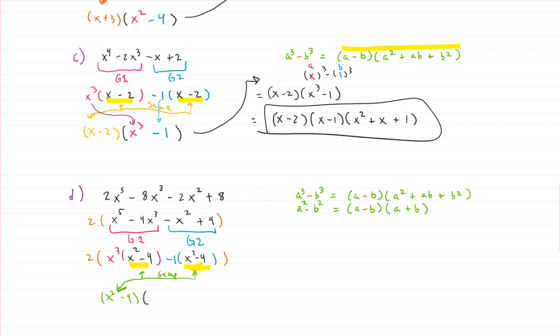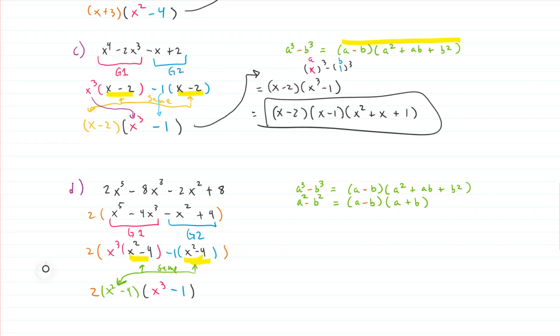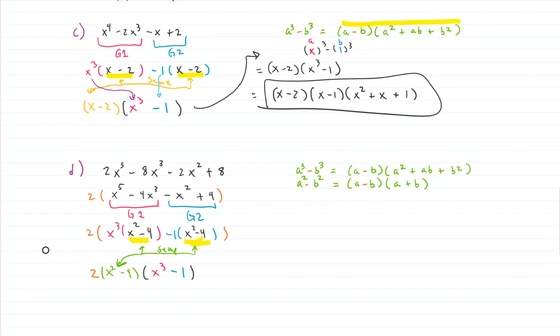We have an x cubed, and we have a minus 1. And we can't forget our 2 that's hanging out in front. Now, as we look at this, a couple things come to mind. First, this is the difference of squares. And this is the difference of cubes.